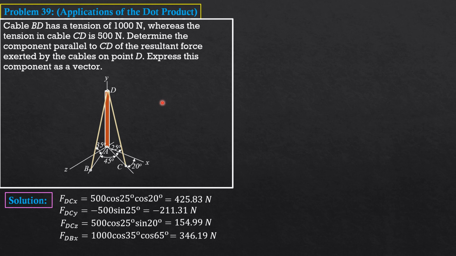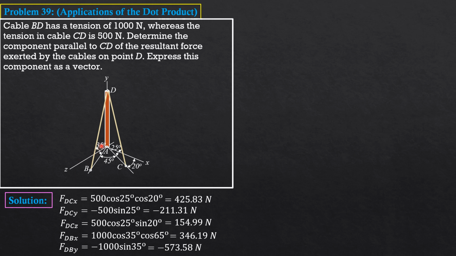Then F_DBy is opposite to 35 and it is going down, so negative 1000 sine of 35, which is negative 573.58 newtons.